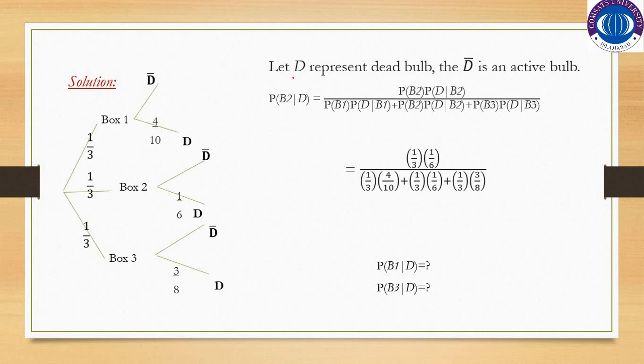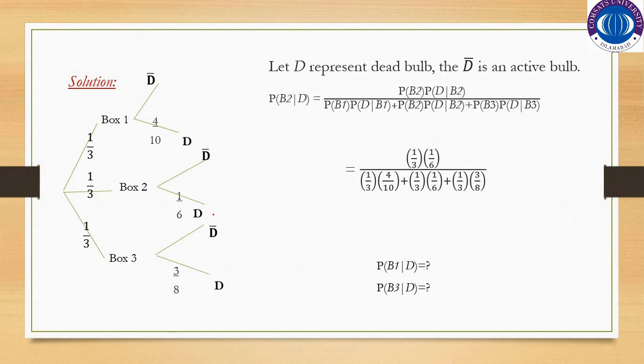Here we have applied the Bayes theorem, which will be equal to probability of B2 into probability of D given B2, whole divided by probability of B1 into probability of D given B1 plus probability of B2 into probability of D given B2 plus probability of B3 into probability of D given B3.